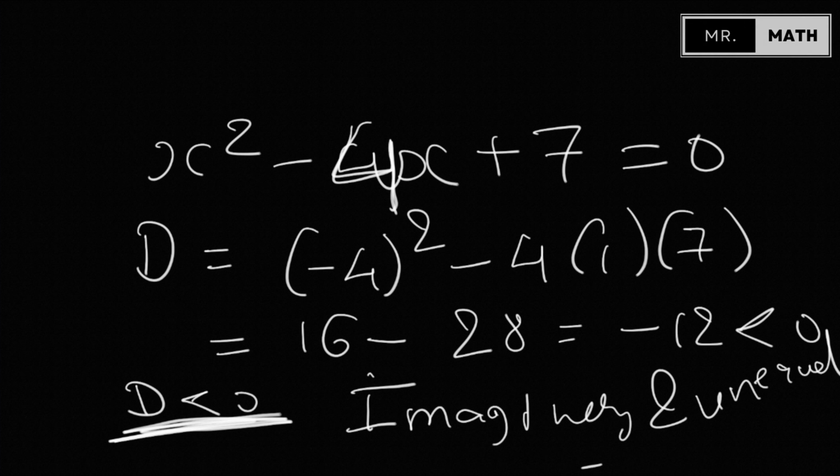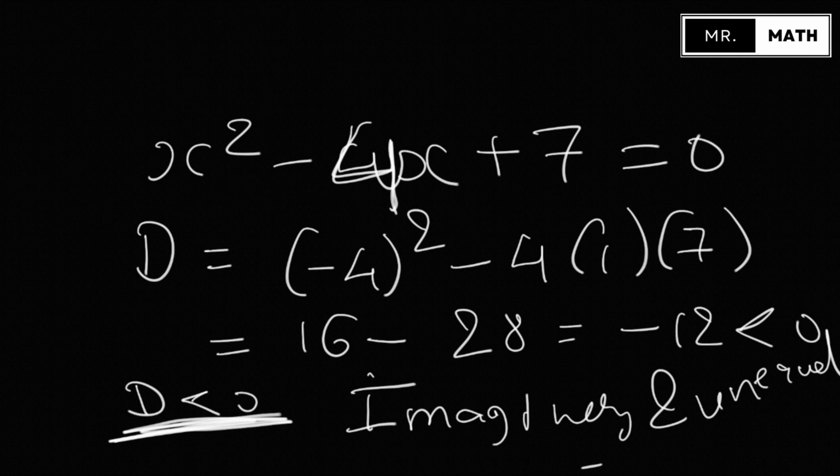So the roots are imaginary and unequal. We have also seen why D is important, and why we can easily tell, without calculating the roots, whether the roots will be real, imaginary, equal or not.